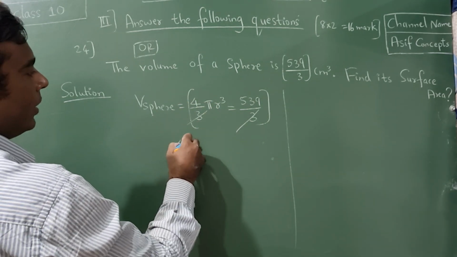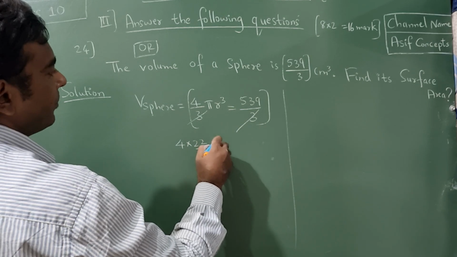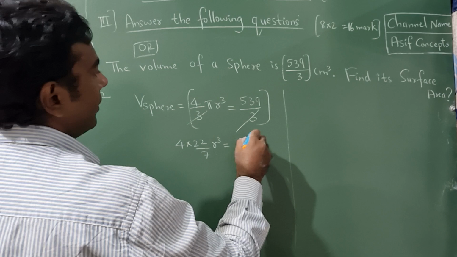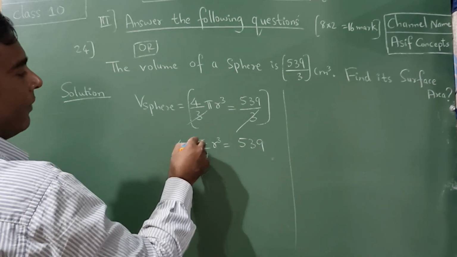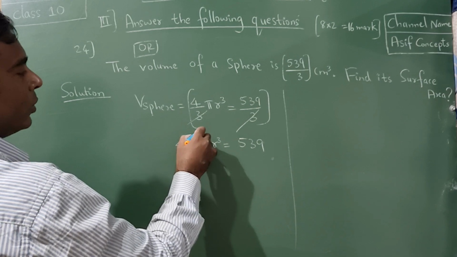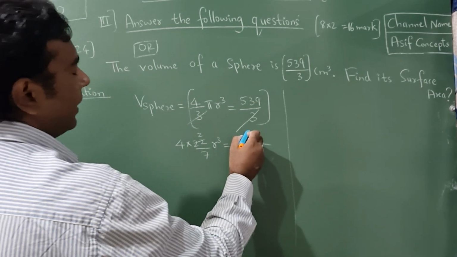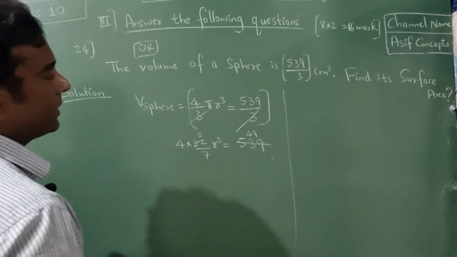So here 4 into pi value is 22/7, r cube, and here 539. Now 11 twos are 22, and here this will be 11 fours are 44 and 11 nines are.